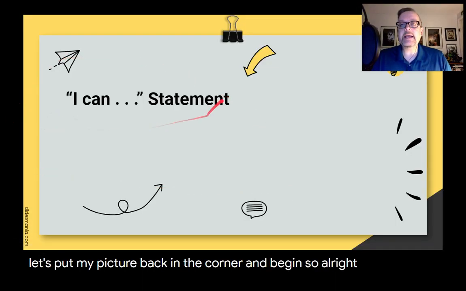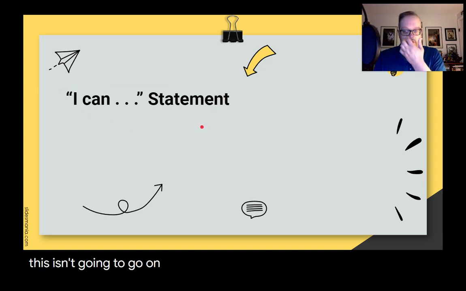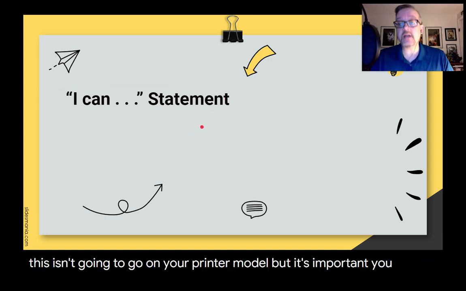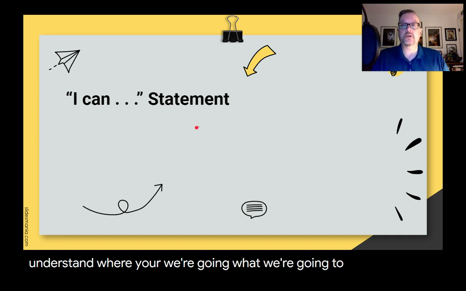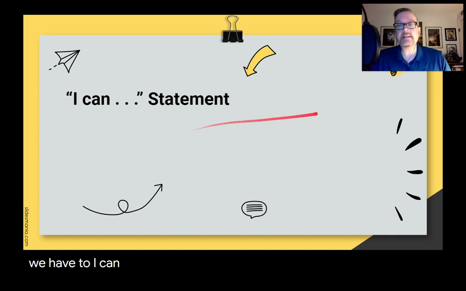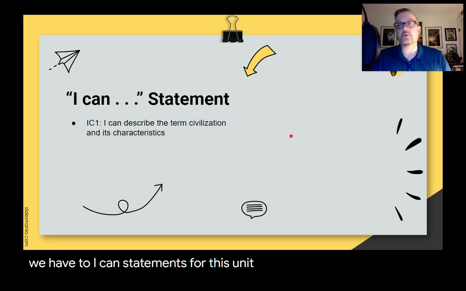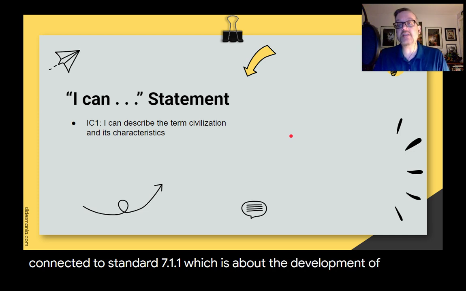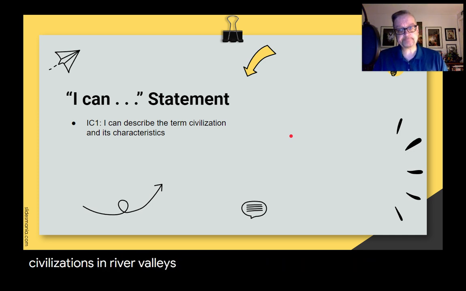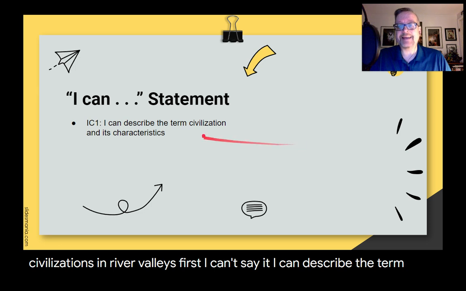Our I can statement isn't going to go on your Frayer model, but it's important you understand where we're going and what we're going to be learning. We have two I can statements for this unit, all connected to standard 7.1.1, which is about the development of civilizations in river valleys. First, I can describe the term civilization and its characteristics.